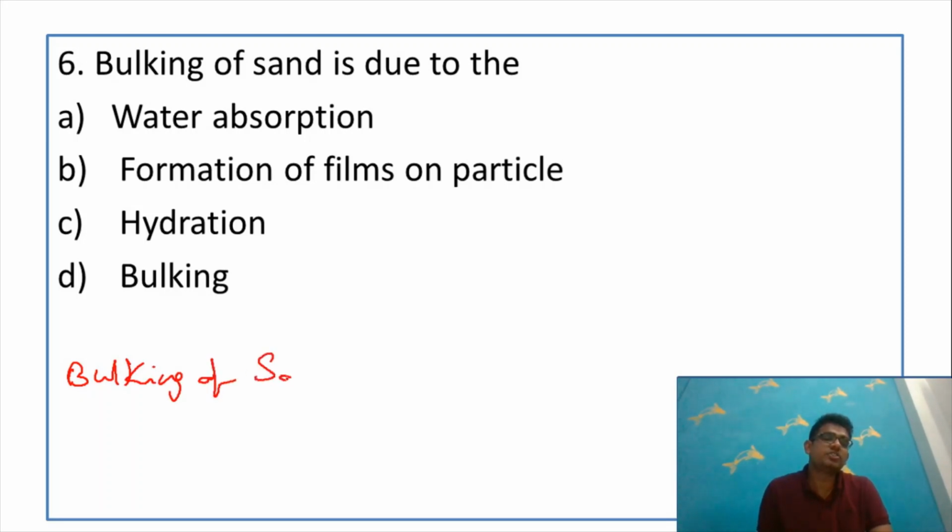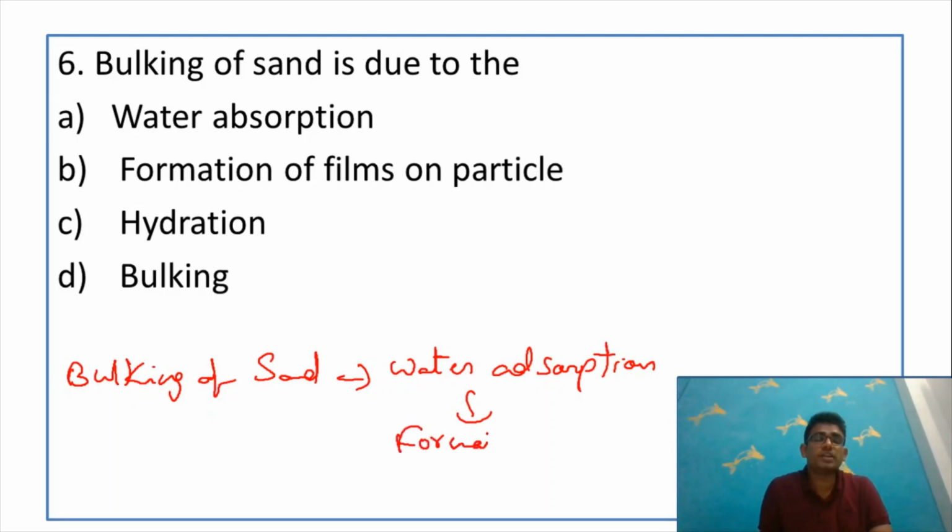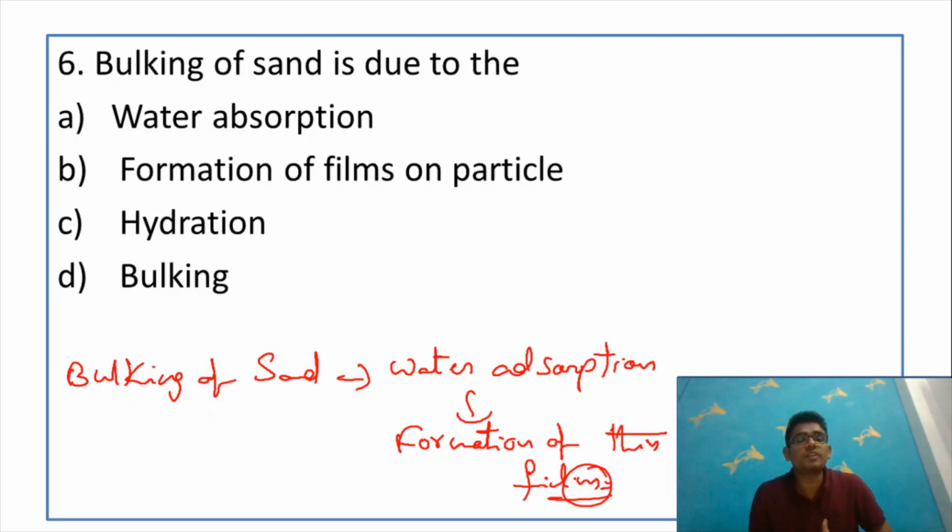Next one. Bulking of sand is due to the, so basically bulking of sand is due to water adsorption. Okay, bulking of sand is due to what? Water adsorption. And water adsorption means nothing but formation of thin film. The formation of thin film on the particle is called water adsorption, and this water adsorption leads to the bulking of the sand.